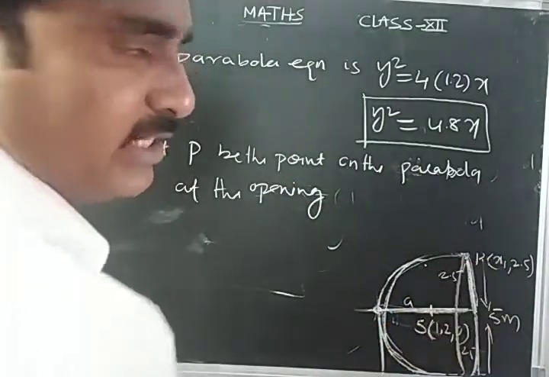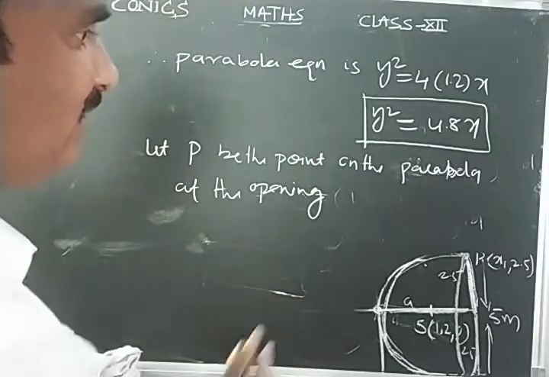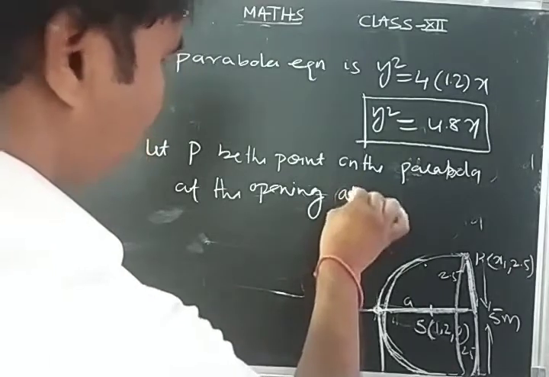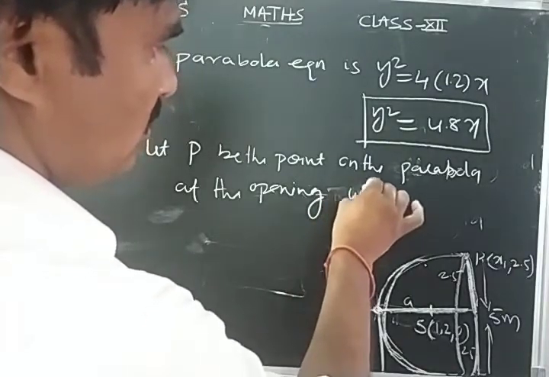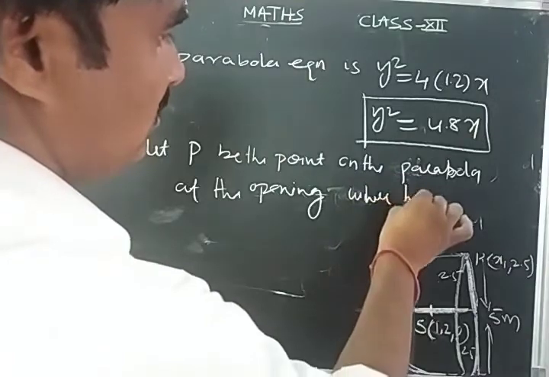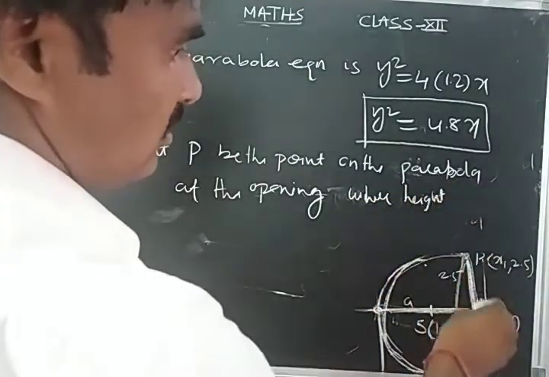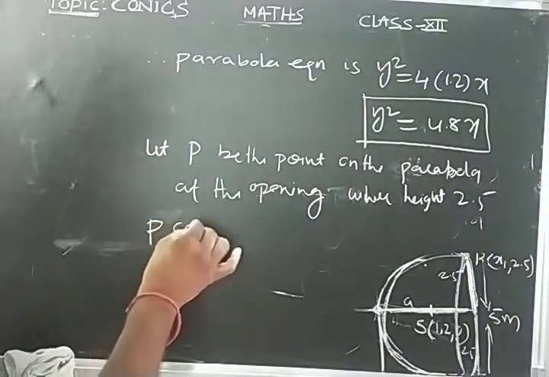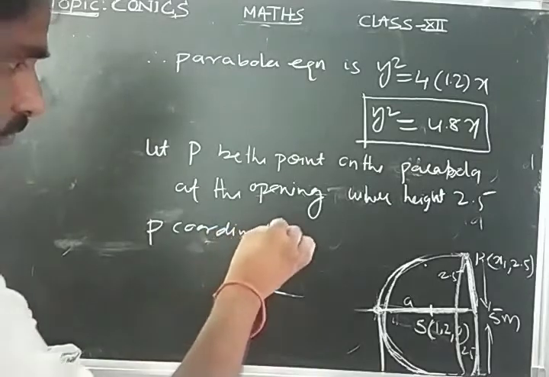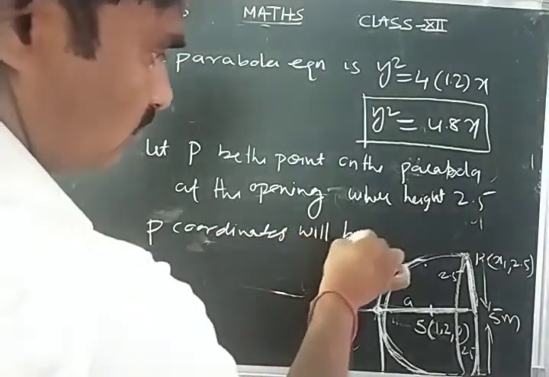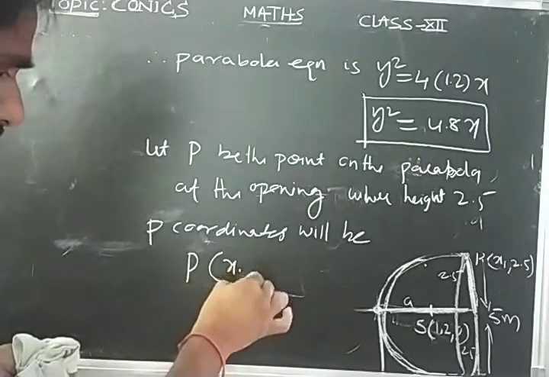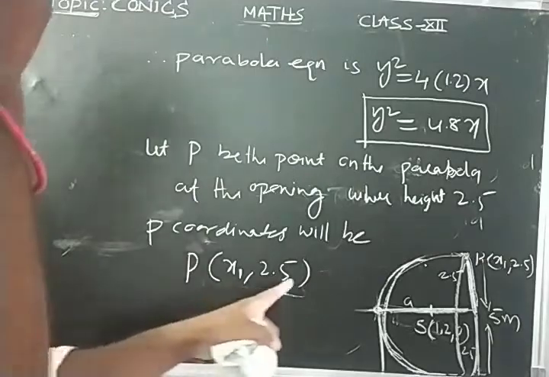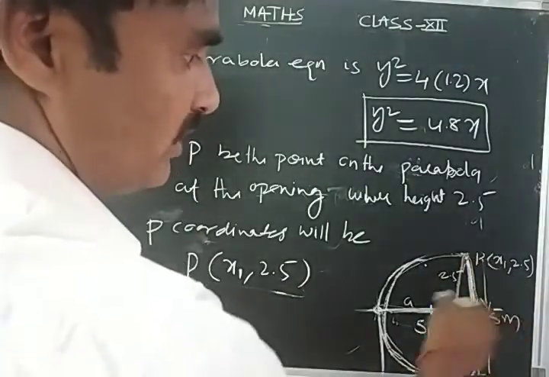P be the point on the parabola at the opening at height 2.5. So P coordinates will be (x1, 2.5), right? Because we know the height, we don't know x1.